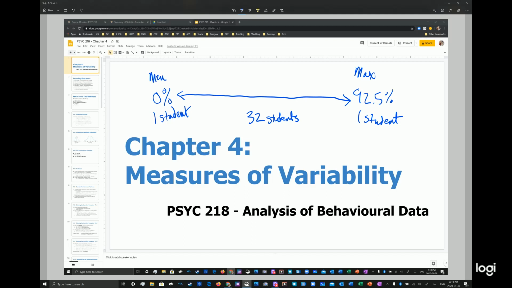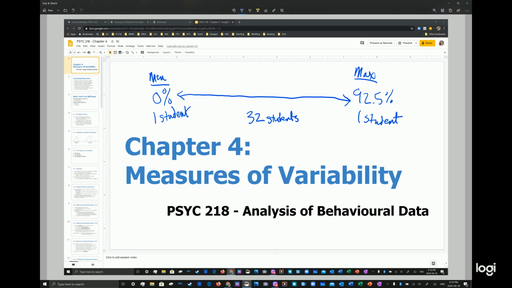So what you would know is, well, I know the range, and if I didn't tell you what the max and the minimum is, you just know one piece of information, and that is how far apart the scores are between the maximum score and the minimum score. And you wouldn't know anything else for the other students, or in fact, all of the students, if that's all you're told, the range. So in that sense, we need better measures of variability.